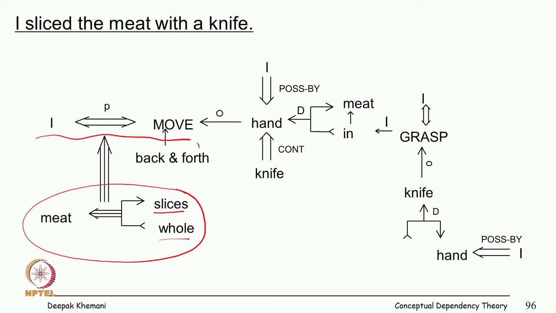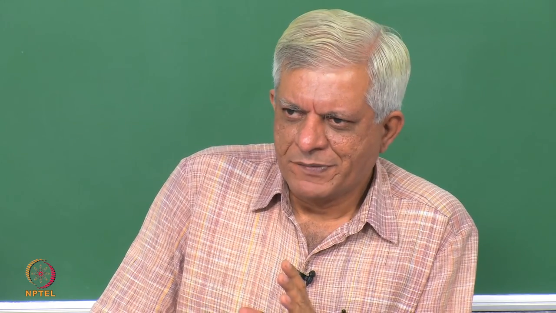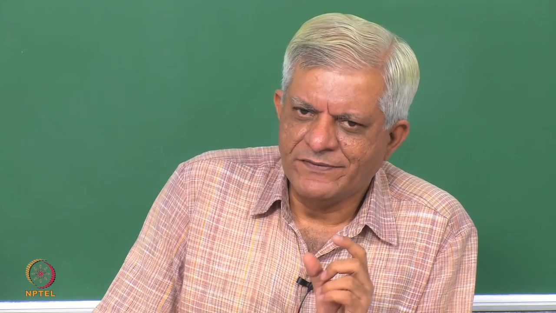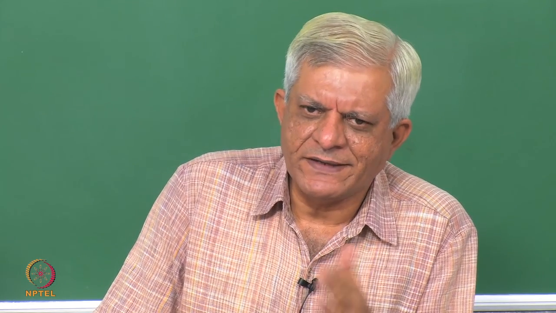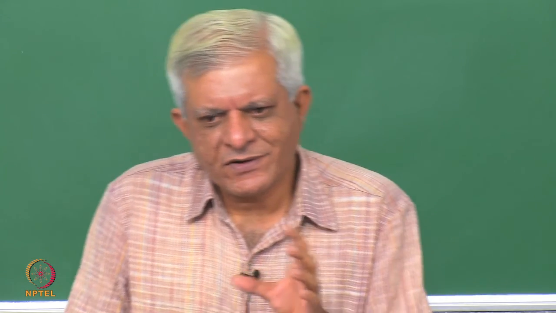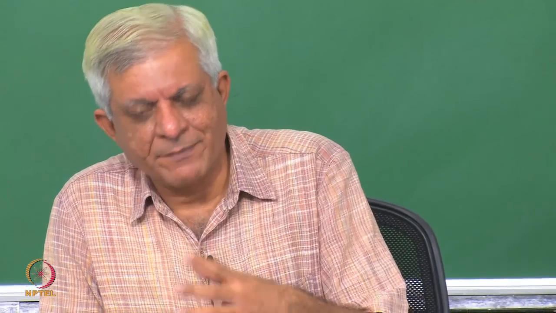So, the first thing you say is that you move your hand back and forth, this should come with the meaning of the word slice. When you look at this, you can imagine that you are constructing a dictionary in a given language, where for every word, like advise, threaten and all these words we saw, a conceptual structure, a framework, should be stored with empty slots.